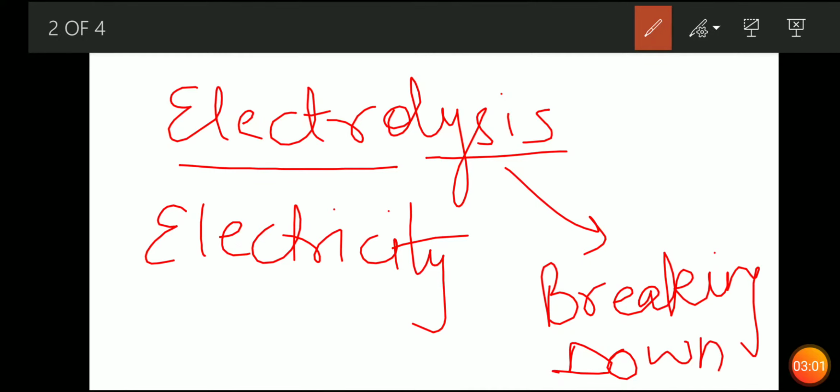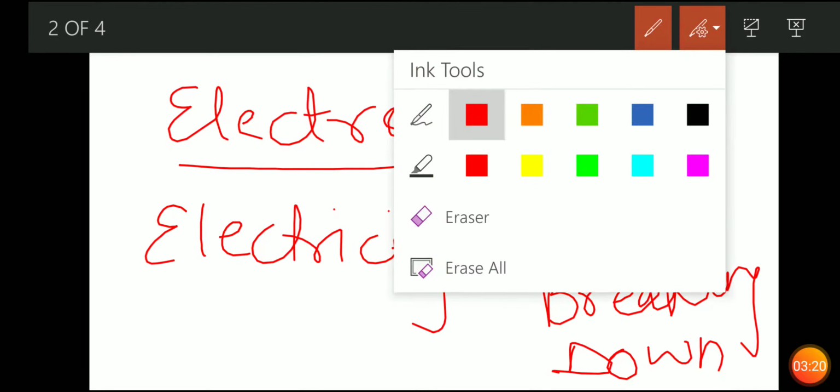That means whenever a reactant is breaking down in the presence of electricity, it will give different products. So it is known as electrolysis. A reactant is breaking down in the presence of electricity means we are supplying electricity and the reactant is breaking down. It is known as electrolysis.